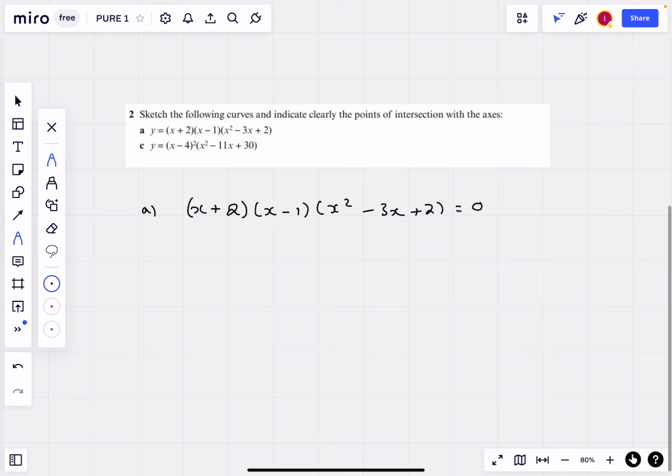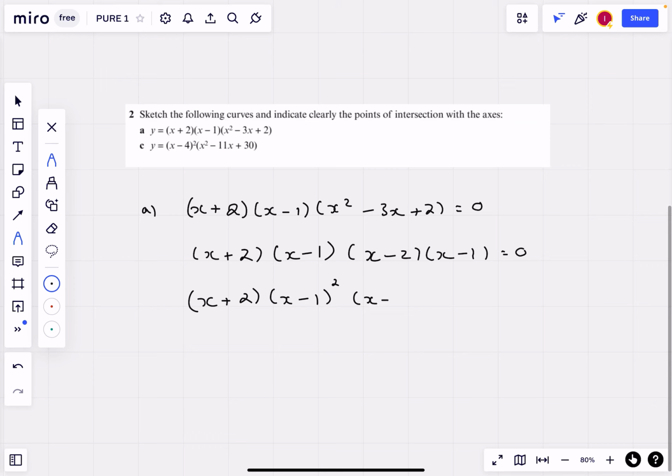We want to factorize the bracket on the right, and when we do that, we get (x - 2)(x - 1) equals 0. We can simplify this as (x - 1) squared and then (x - 2). That's optional, but I chose to in this case.